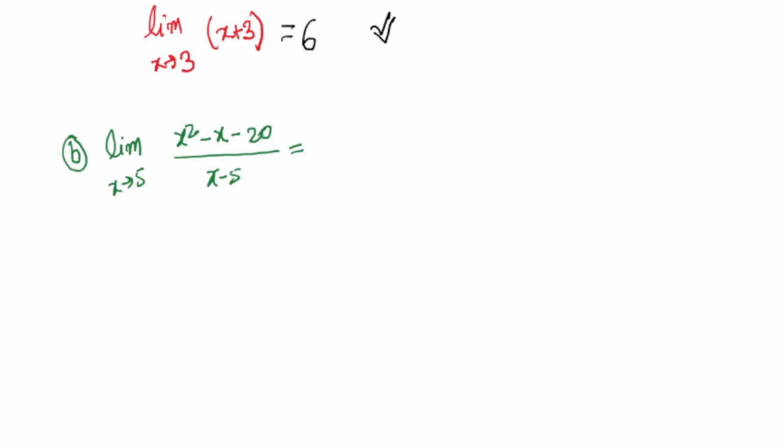If we break that expression, 5 times 4 is 20, so this is going to be (x plus 4)(x minus 5). We can directly get that from the polynomial expression. And in the denominator we have x minus 5.